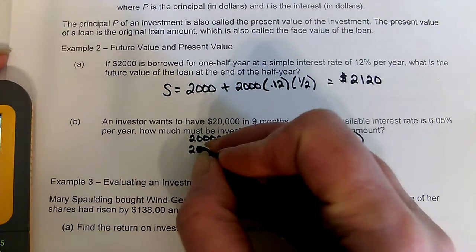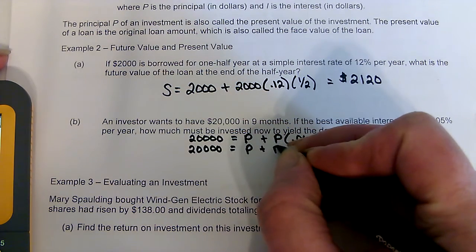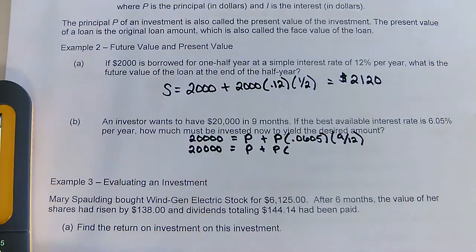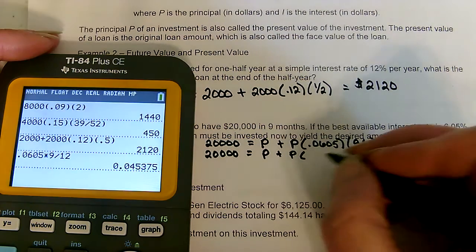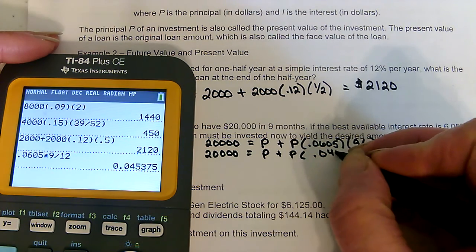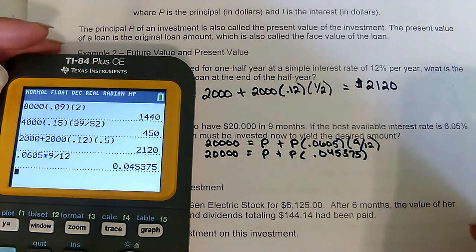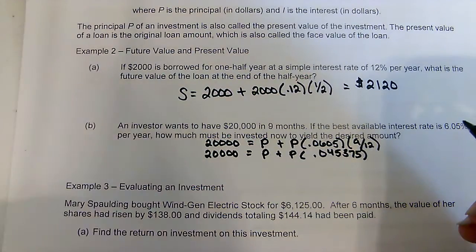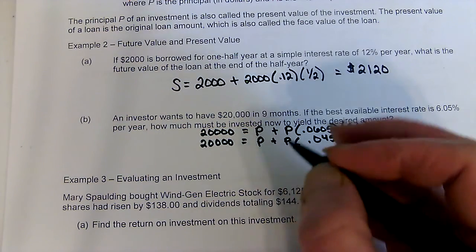Let's go ahead and multiply those together. 0.0605 times 9 out of 12 gives me 0.045375. I'm going to keep all the decimal places. Now, just to remind us something from algebra: we have a P here and a P here. We can factor it out.